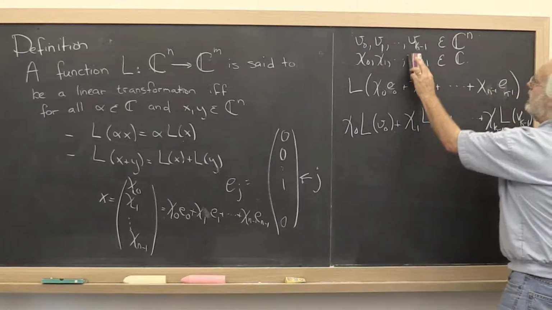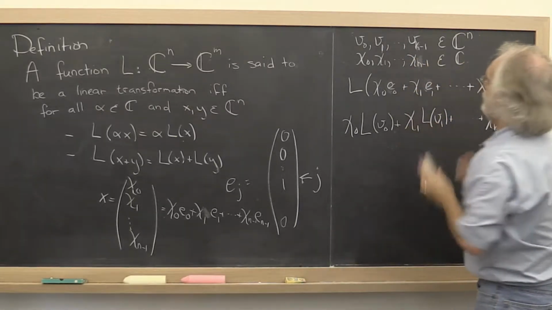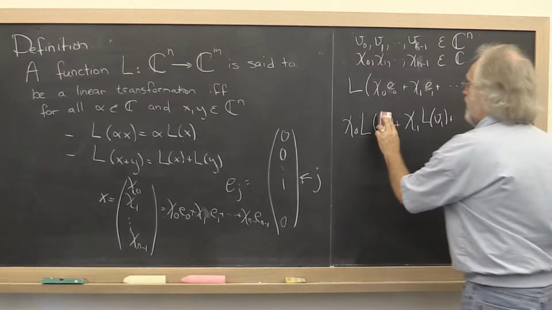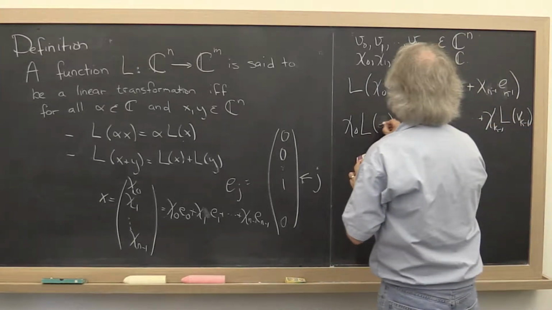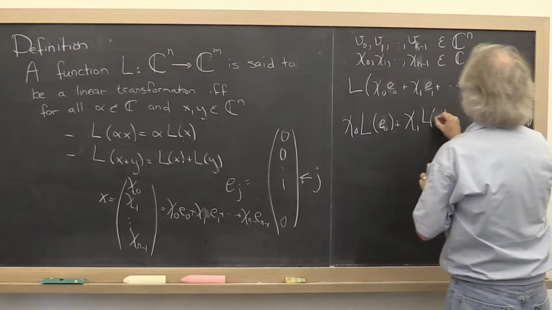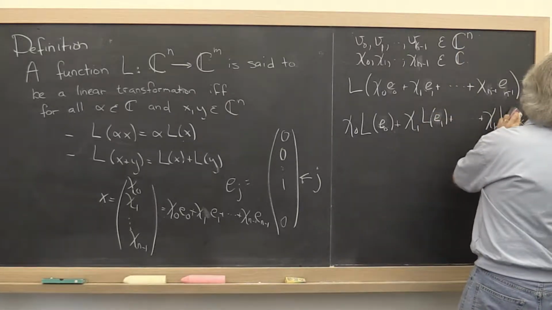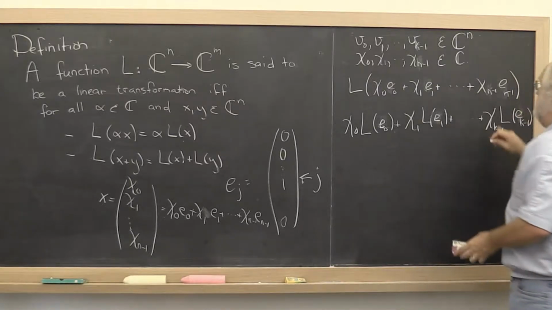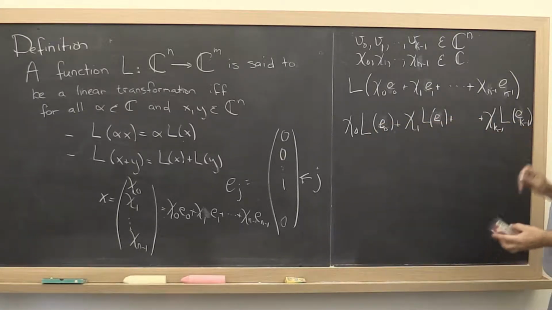So now we actually have n coefficients. Then we can first transform the standard basis vectors and then take the linear combination of the result.